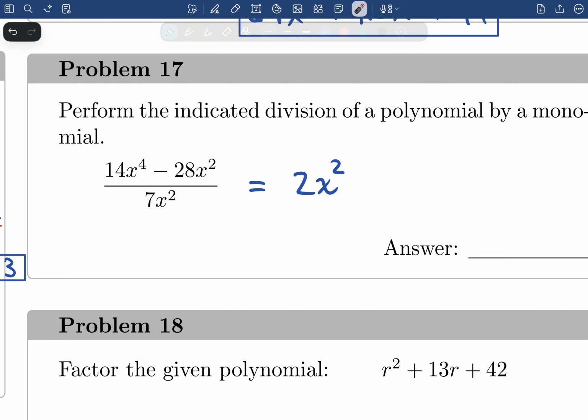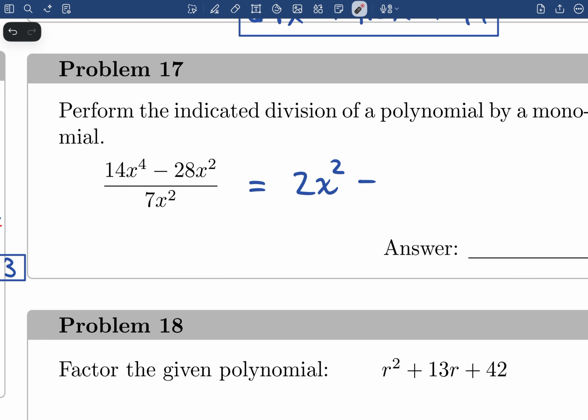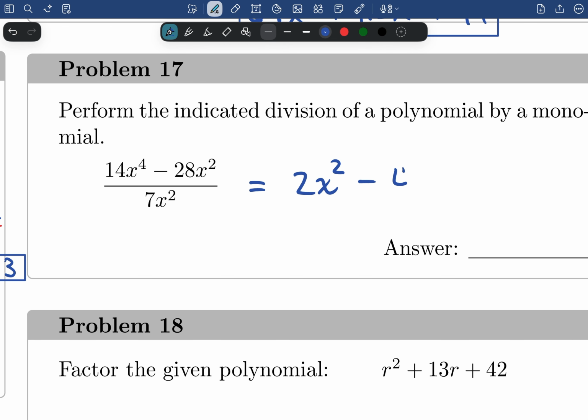You could use the quotient rule of exponents, right? I just took 4 minus 2 to get 2. That's the quotient rule of exponents that I was just using. Now I see the minus sign of the numerator. So I put that minus sign. Now I'm going to take 28 and divide it by 7 to get 4.